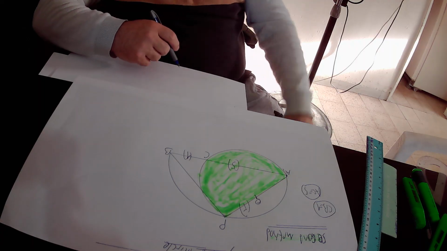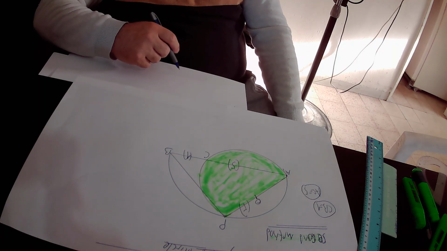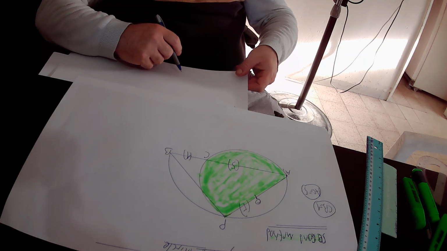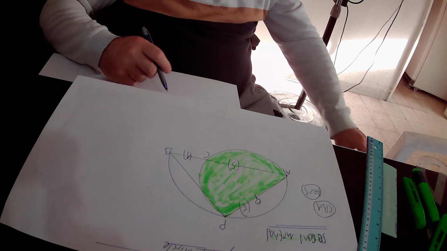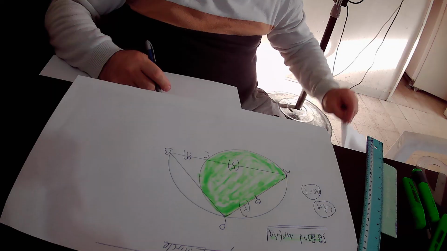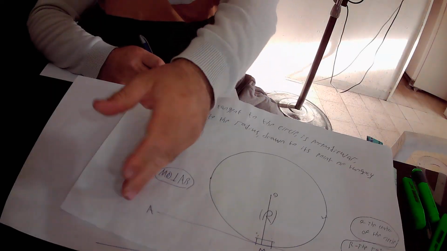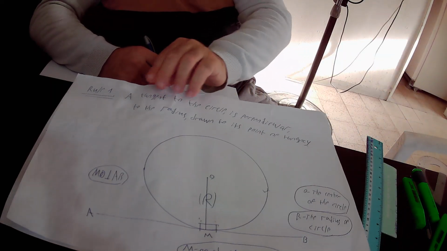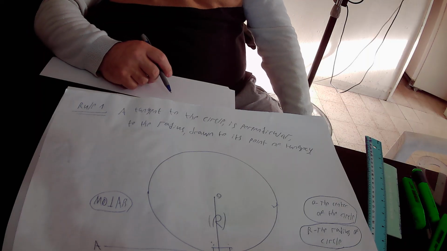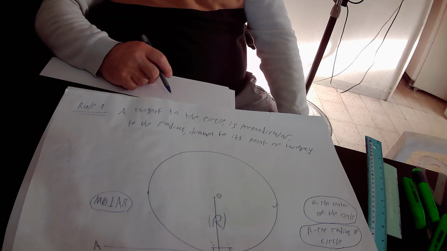And whenever you have a line segment that is perpendicular to a radius, you can implement rule 1. I'll repeat quickly rule 1. According to rule 1, a tangent to the circle is perpendicular to the radius drawn to its point of tangency.